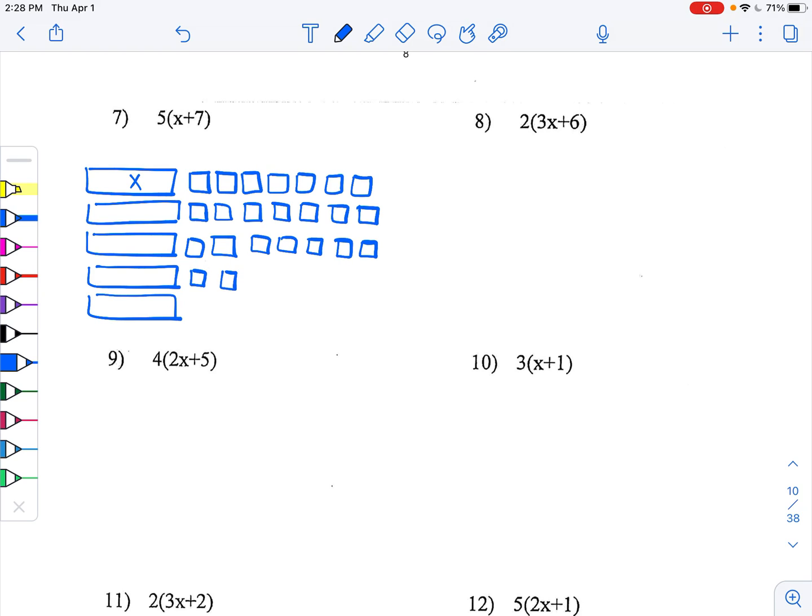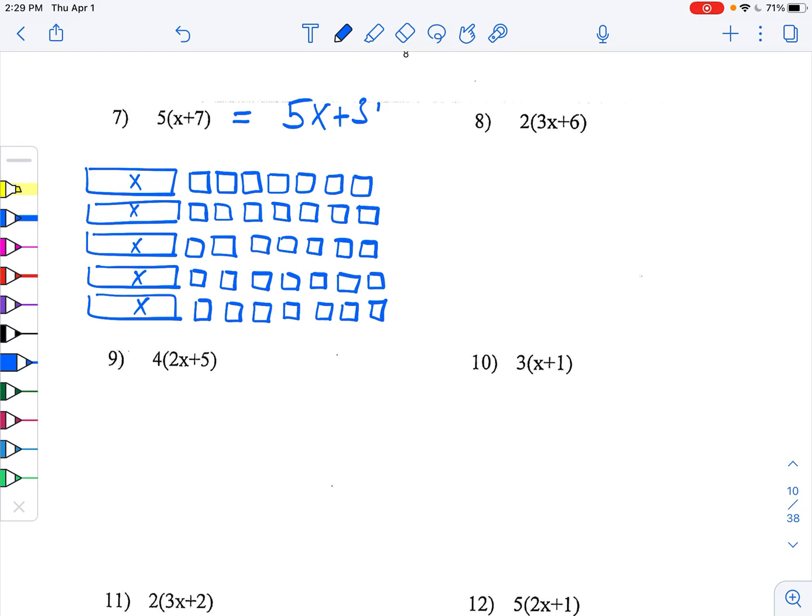I really hope you guys aren't just copying me. I hope you pause and go straight to where I state the final answer. But if you have 5 groups of x plus 7, then what you must have in total is 5x plus 35.